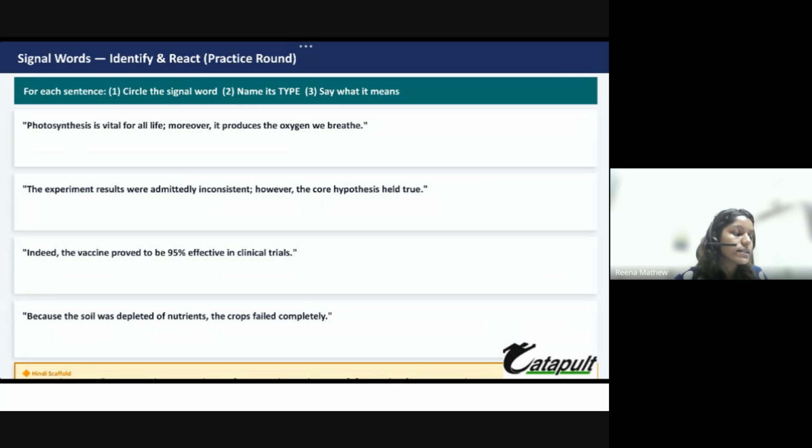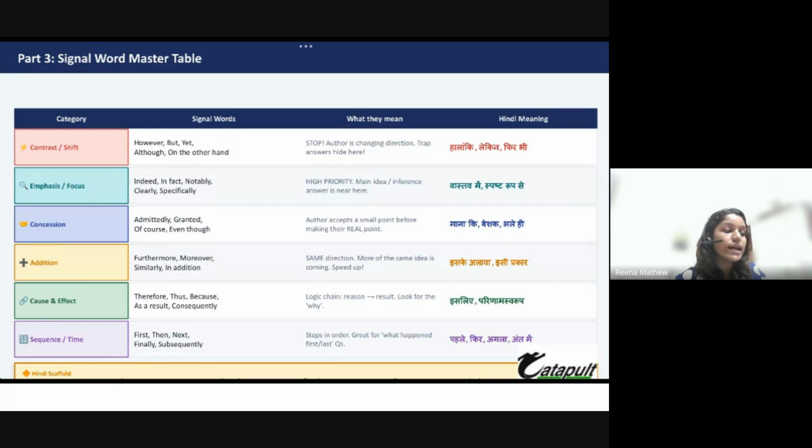Okay, second sentence. What is the signal word? The experiment results were admittedly inconsistent. However, the core hypothesis held true. Very good. What does signal word mean? This is the signal word chart. When you spot words like however or indeed or furthermore, each type has a different purpose.